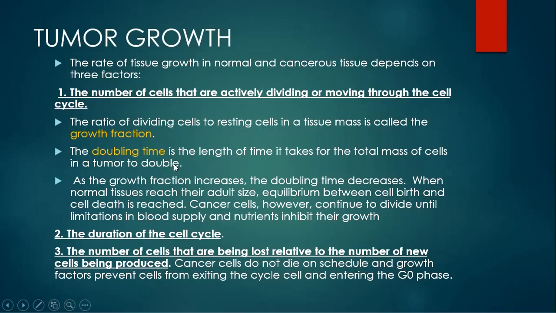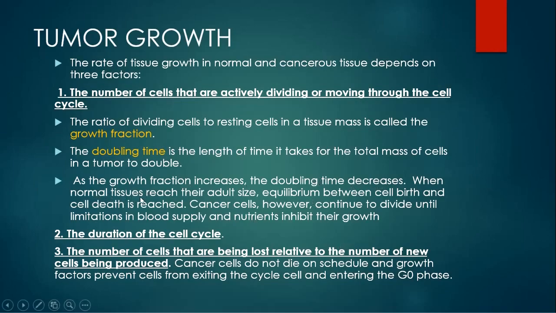And so, as the growth fraction increases, that means that there are more dividing cells than resting cells. Then the doubling time will decrease. Ultimately, because of course, if there are more dividing cells, they'll take less time to create a mass of cells. So hence the doubling time will decrease.